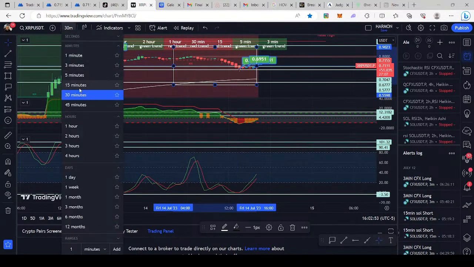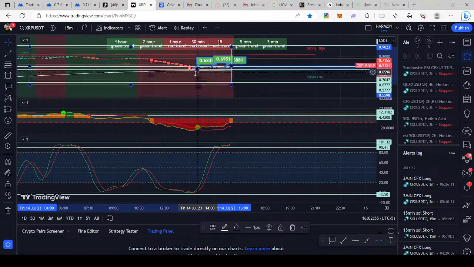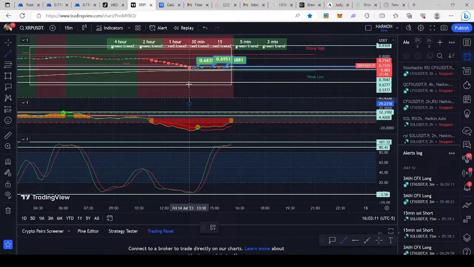And if we move to our 15-minute, we can see that that low came in when the 15-minute basically broke down with the 30, wasn't able to break up, started to push down, and then finally bottomed out. And then we are now at this level here, this 15-minute. If you're looking at XRP, look at the time stamp, it's 1330.